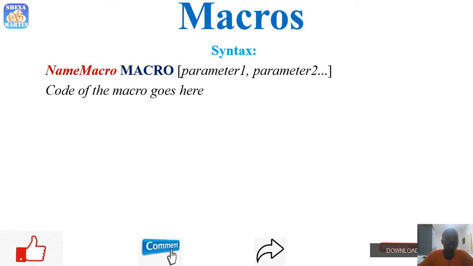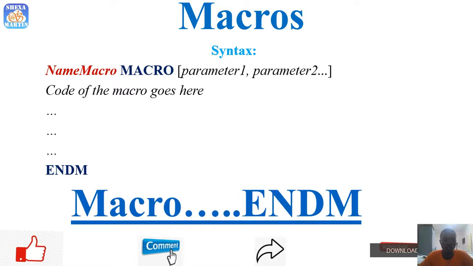And then the code goes there. More code, more code, up until we get to the end. And at the end you say ENDM. ENDM is another directive that is used to tell the assembler that this is the end of my macro. You get what I'm saying?